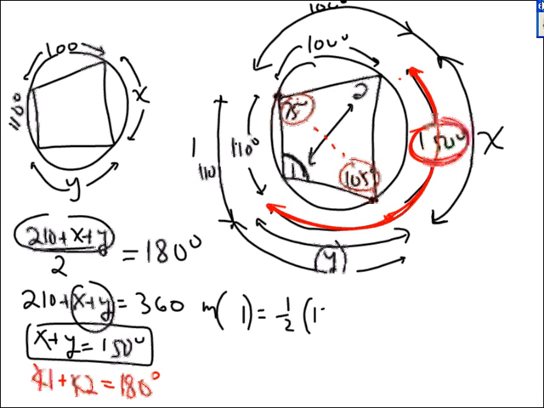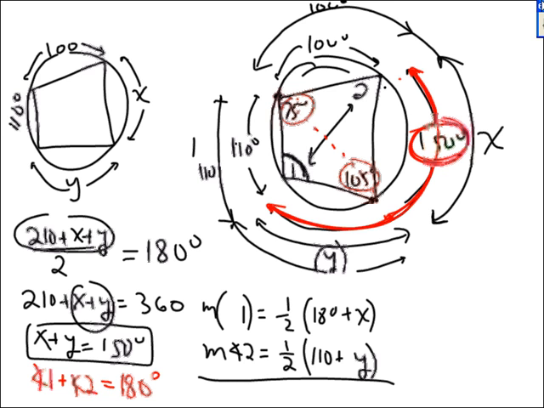But the intercepted arc for angle 1 is 100 plus x. And we know that the measure of angle 2 is 1/2 the measure of its intercepted arc, which is 110 plus y. And maybe this is what we said earlier.